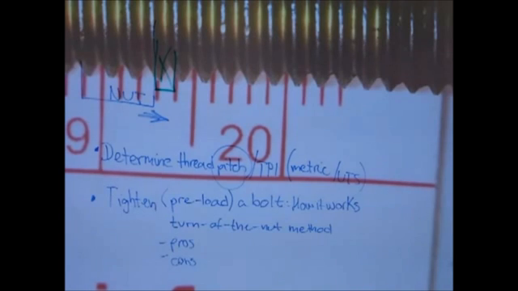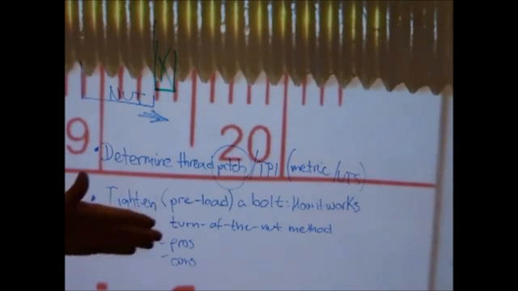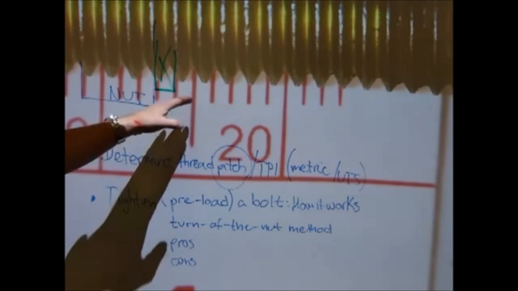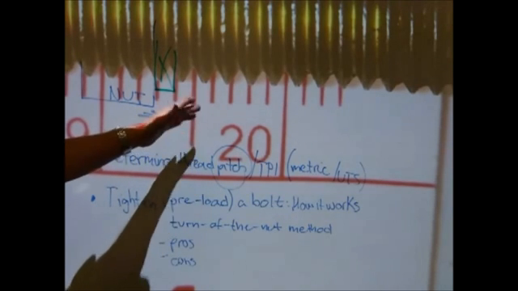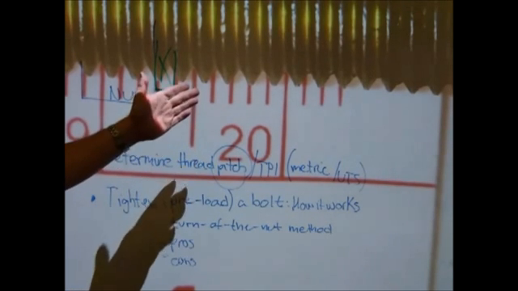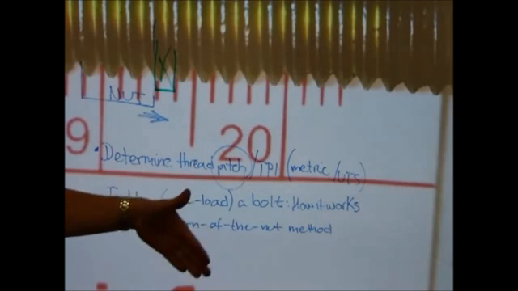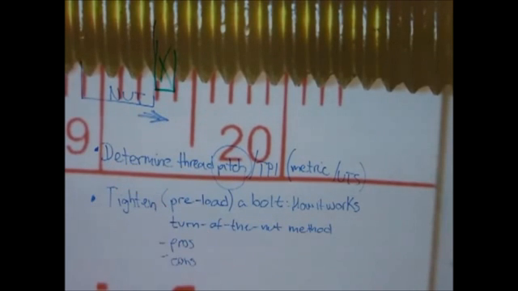Because a quarter turn means different lengths. On the Imperial bolt it was 1.4 millimeters. On the metric it was 1.25 for 1 full turn. It does make a difference if it's 1.25 or 1.41.